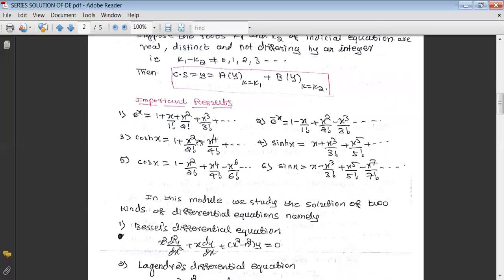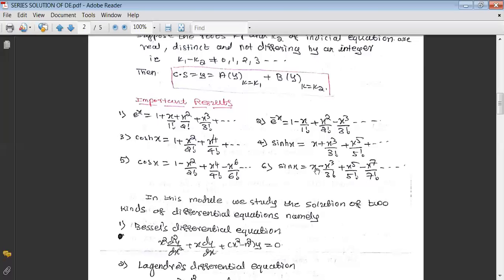Cos hyperbolic x is given like this: 1 plus x squared by 2 factorial plus x raised to 4 by 4 factorial and so on. Sin hyperbolic x is x plus x cubed by 3 factorial plus x raised to 5 by 5 factorial and so on. The fifth one, cos x, is given by 1 minus x squared by 2 factorial plus x raised to 4 by 4 factorial minus x raised to 6 by 6 factorial and so on.